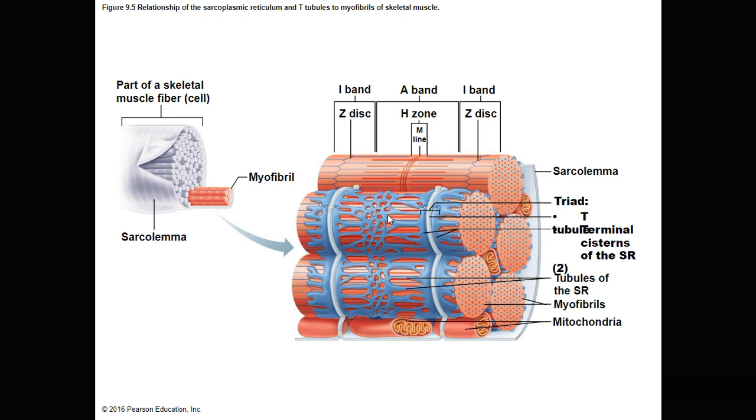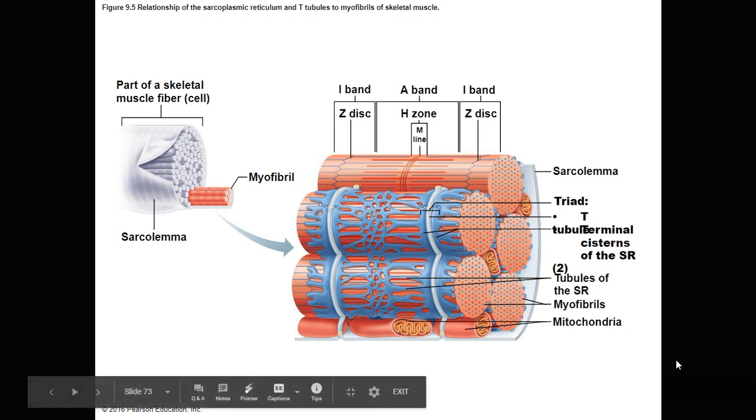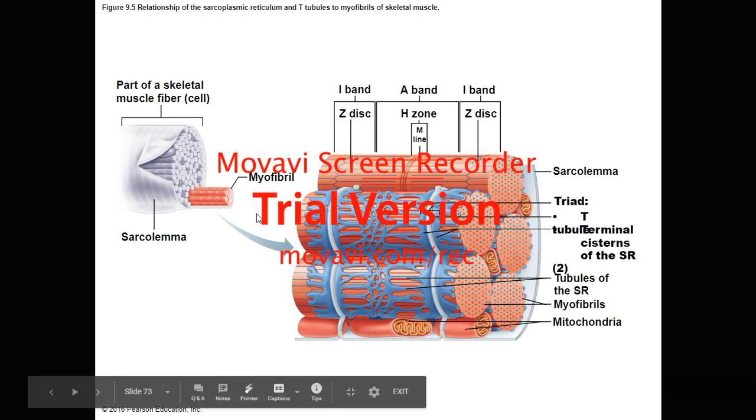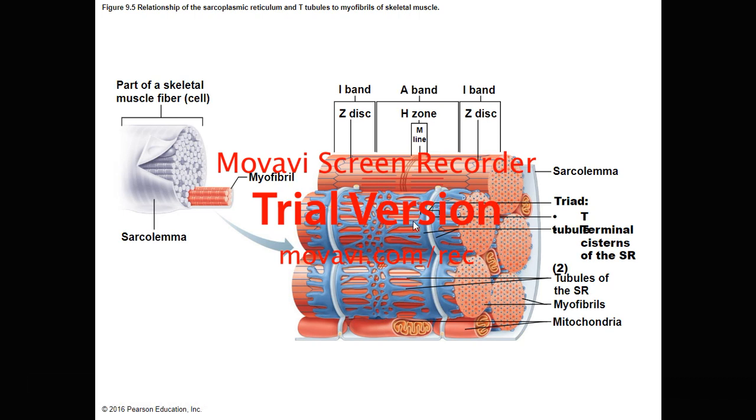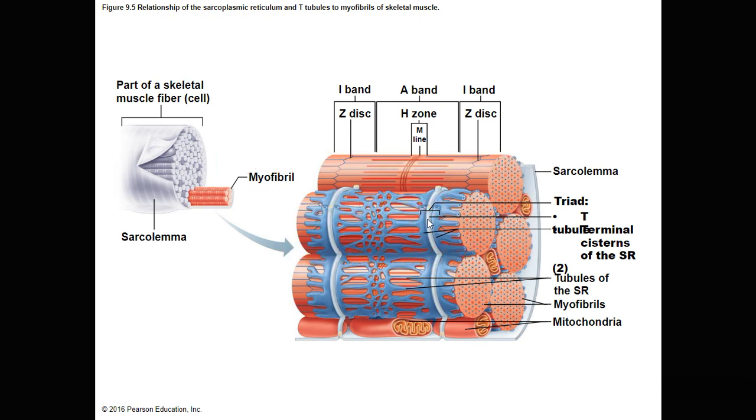Okay, and then in the middle at the H zone, the sarcoplasmic reticulum communicates with each other, but at the A band, I band junction, you have these terminal cisterns, which are just sacs of the sarcoplasmic reticulum.